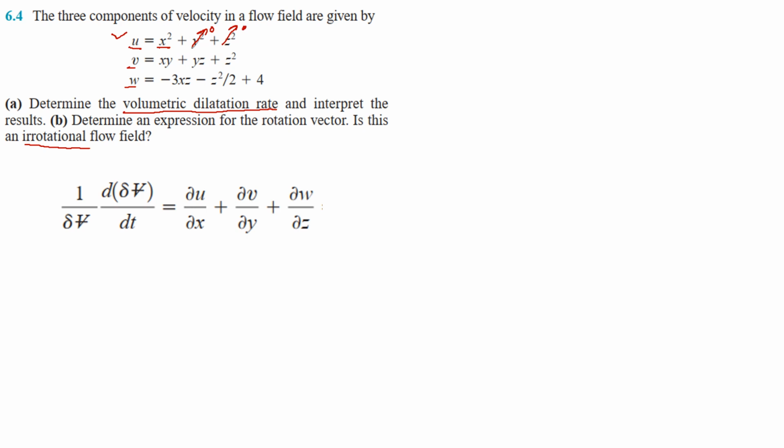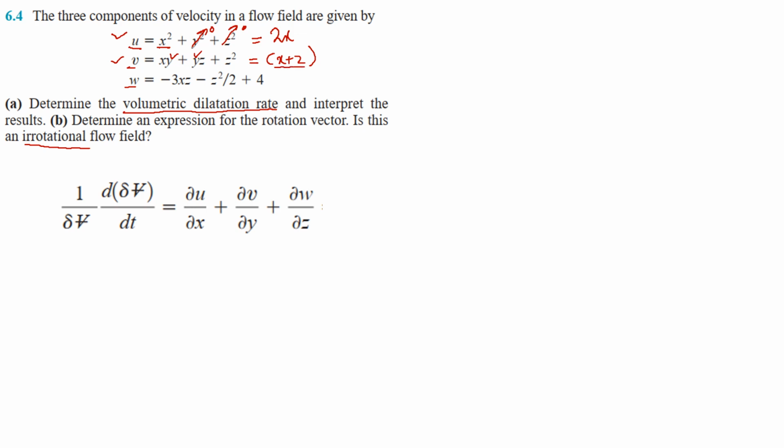So taking the partial u over partial x of this term will give us 2x, and then taking the partial v over partial y of this term, so what we will get is x plus z. That is this term will be derived, so the y will be removed, and in this case this term will be derived and the y will be removed, so we will be left with x plus z.